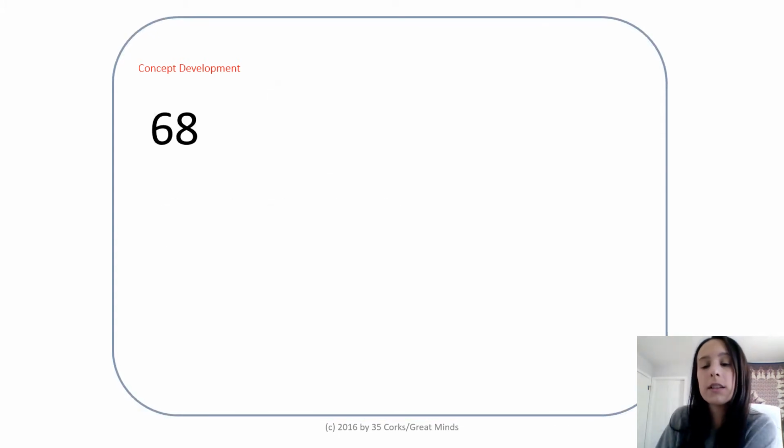Now I have the number 68. Can I only use dimes to show the number 68? No way. But I can use dimes all the way until I can't anymore. So what's the most amount of dimes we can use to show the number 68? 6 dimes.